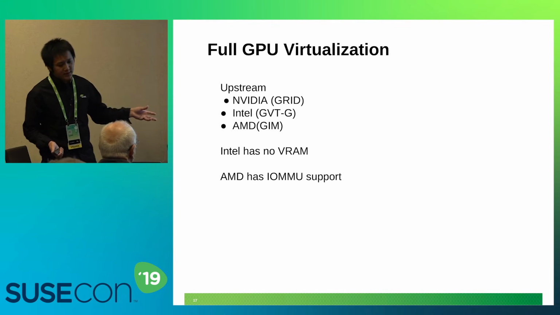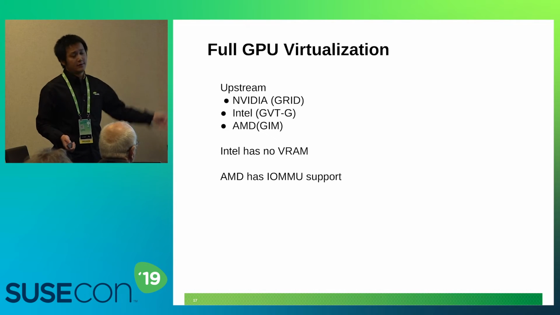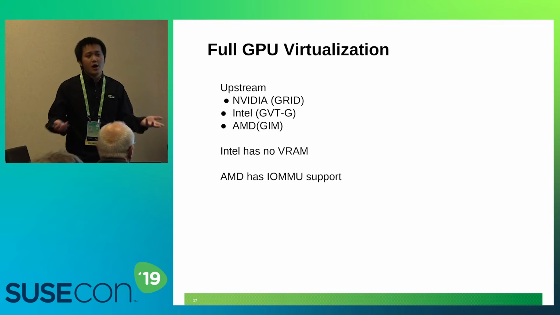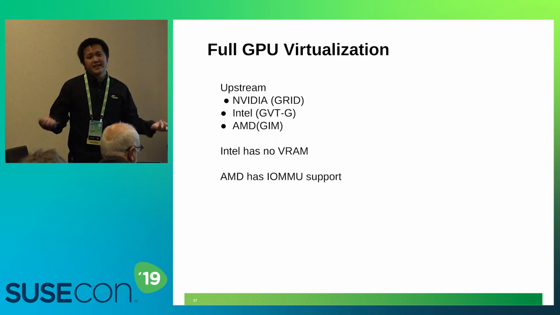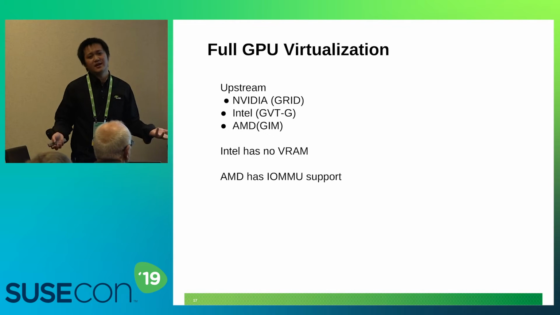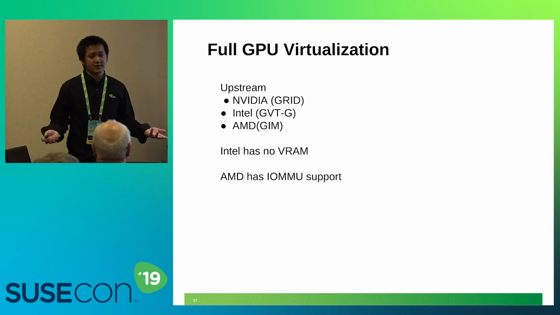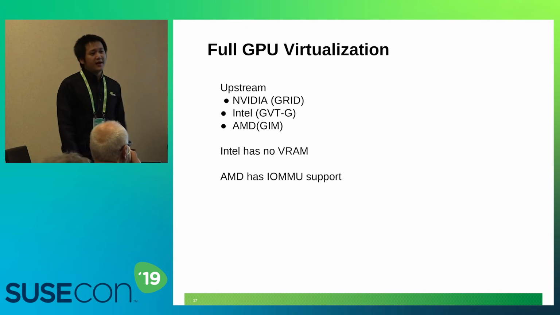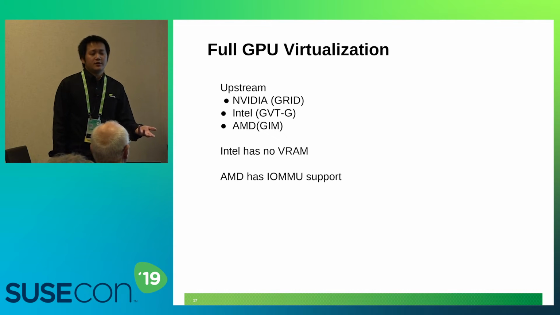There are more details, and I just want to show you the difference between these three vendors. Intel, we know, is just an integrated graphics card. There's no specific memory for it. You need to share with your main memory.